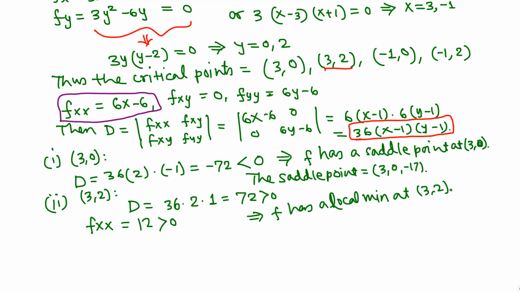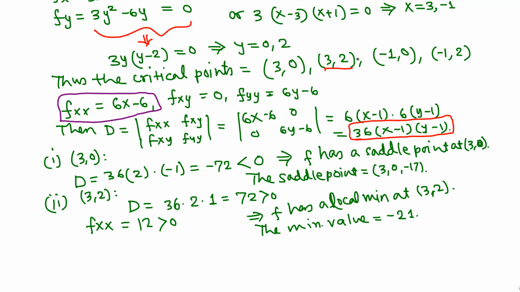This is the location, and the minimum value is found by going back to the original function and plugging in (3, 2). The minimum value is negative 21.